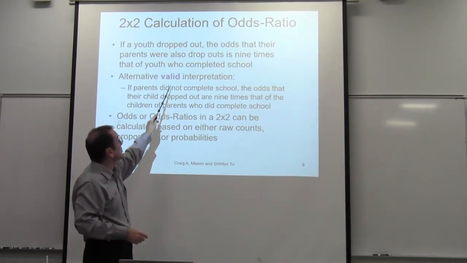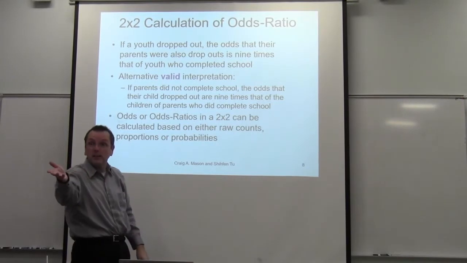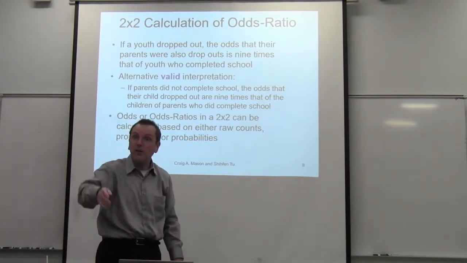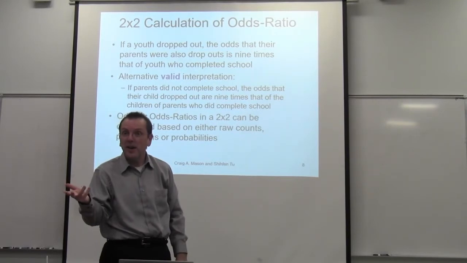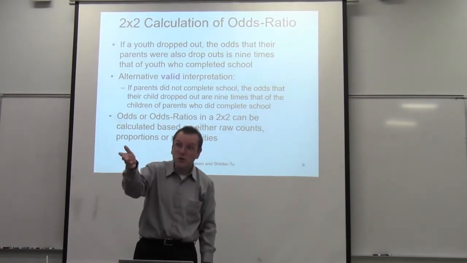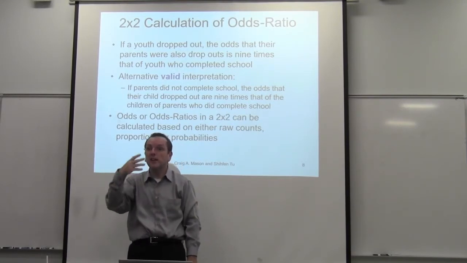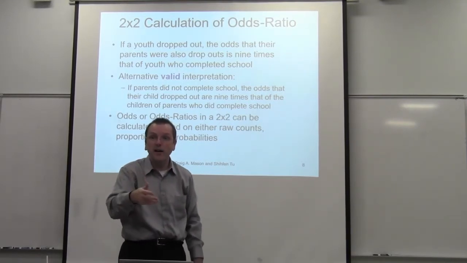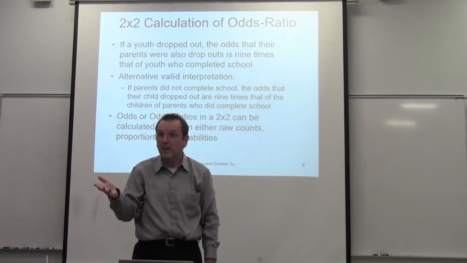So typically in these sorts of cases, this is how you'll see people talk about it, because that's the question we're interested in. If the parent dropped out, what are the odds that the child drops out? If the mother smokes during pregnancy, what's the increased odds that a child will have some developmental disability?